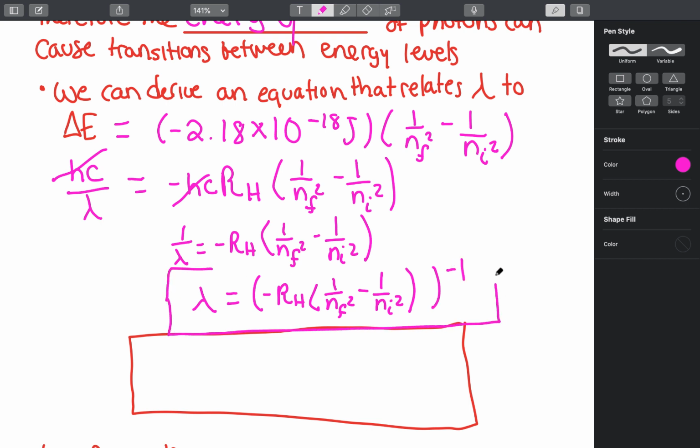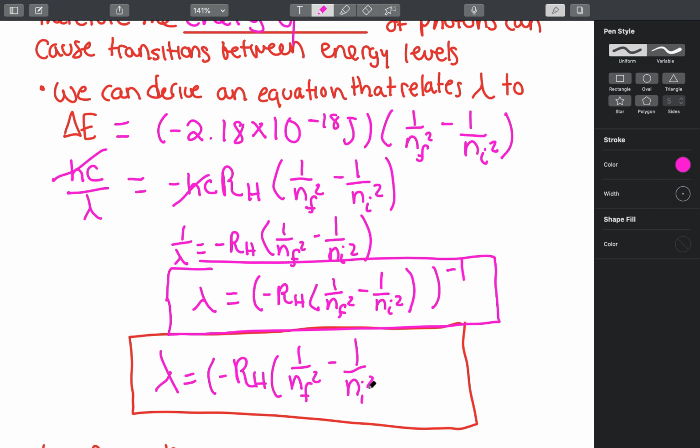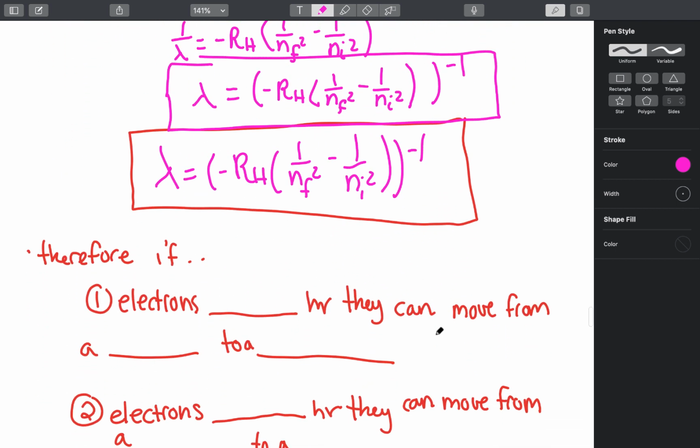So this is our equation. I'm just going to put it in here as well. So this is the equation you want to know.